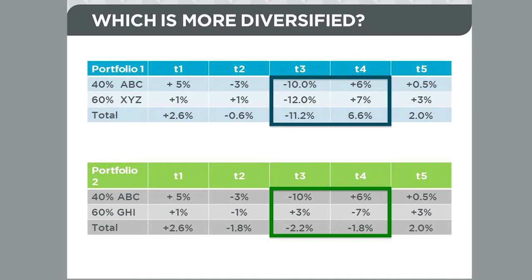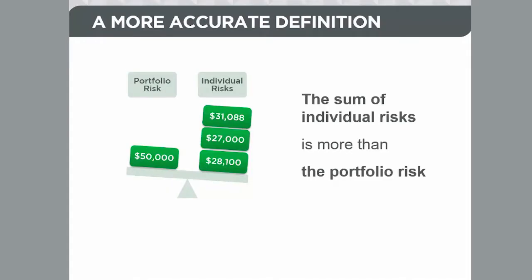And so if we had to ask, well, is 1 more diversified than 2? Obviously in portfolio 2, things zig when the other thing zags, versus portfolio 1, they tend to move in the same direction at the same time. Does that make sense? So based on that, what we can do is come up with a workable definition of diversification.